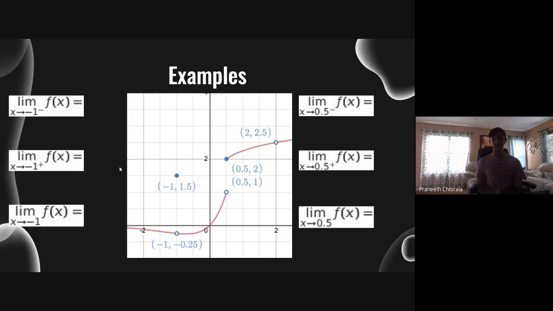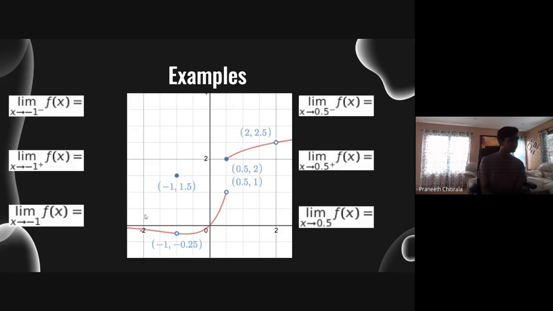So here are some examples of how limits can be determined. Let's calculate the limit of f of x as x approaches -1 from the left side. Using the features of a left-handed limit, right-handed limit, and an actual limit, how would you determine this limit?